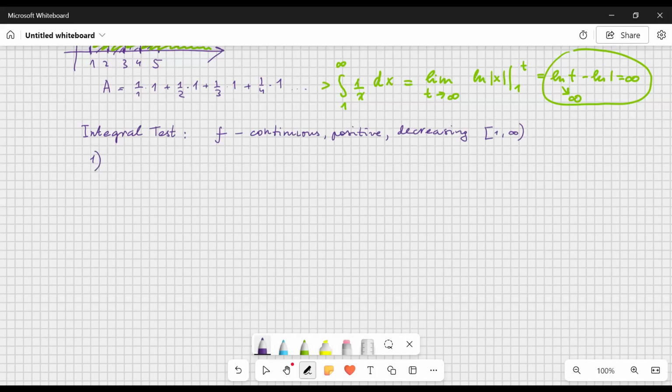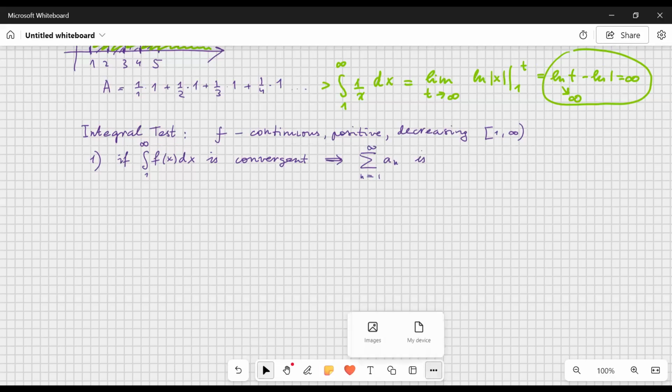Then, number one, if the integral from 1 to infinity of f of x dx is convergent, then the series of a_n is convergent too. I'm going to write down that a_n equals f of n. That's a connection between the terms of a sequence and the function, right?